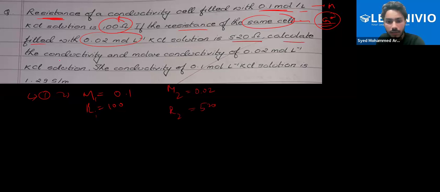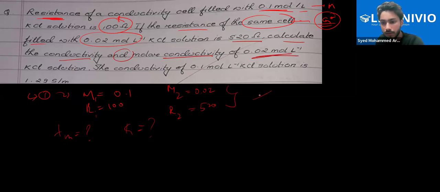Now calculate the conductivity and the molar conductivity of the 0.02 molar cell. The conductivity of this cell, kappa, is 1.29. Now solve it.